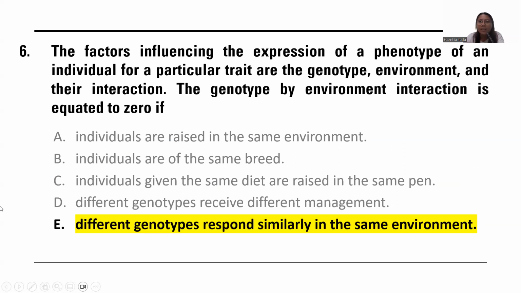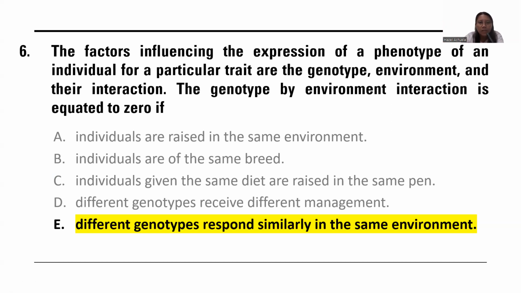What that means is, for example, when you raise 2 different breeds of pig, suppose you are raising Duroc and Large White, but you give the same management. When you say environment, that represents the management practices that you employ in your farm.